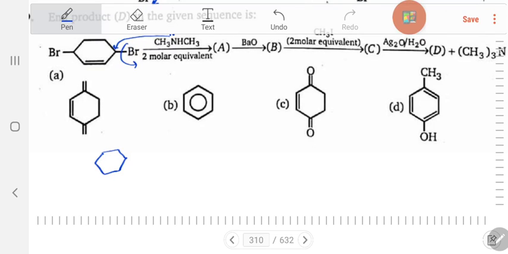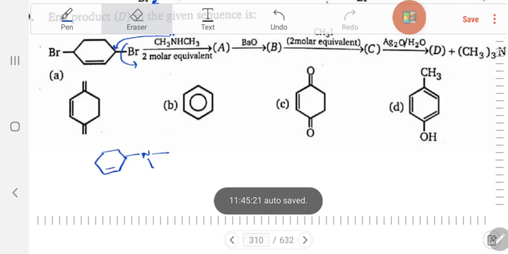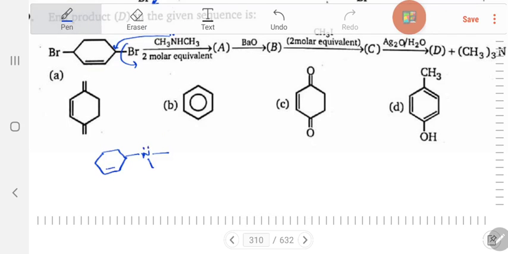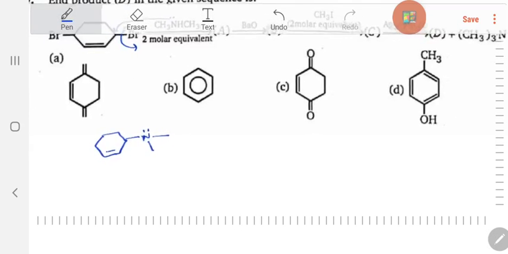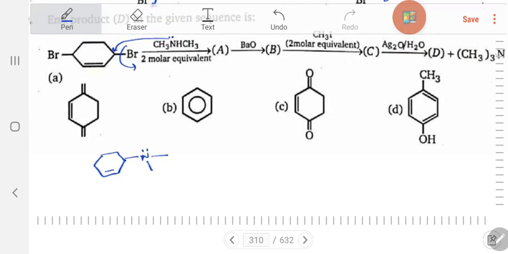The same condition happens the other way. So this leads to product formation, that is N-H, CH3, CH3, and there is a positive charge. Of course, this H plus is lost. After losing that H plus, you will get a lone pair of electrons over this nitrogen. A similar thing happens in the other direction, because we are taking two equivalents of amine. So nitrogen, you will get a lone pair, methyl, methyl.